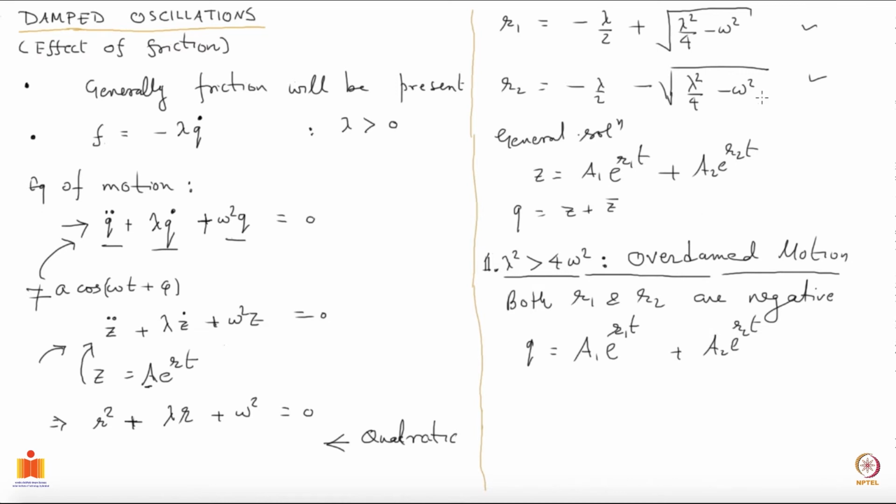Now the second possibility is that what you have in the square root vanishes. So lambda square over 4 is omega square. Let's look at that possibility now. Possibility 2 is lambda square is equal to 4 omega square, and we will call it the critically damped case.